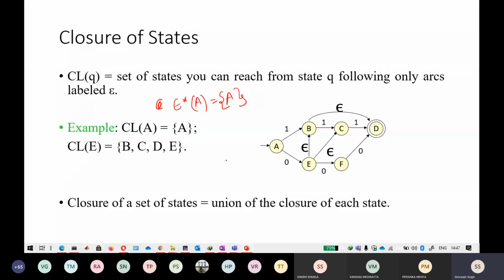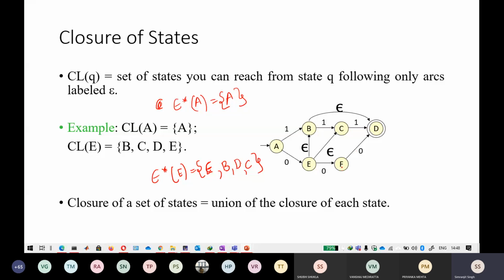Firstly, the set element will always be added, so E is added. After that, from E you can reach B. From B you can reach D also. And from E you can reach C also. So these are 1, 2, 3, 4: four states will be the closure of E. Keep that in mind.